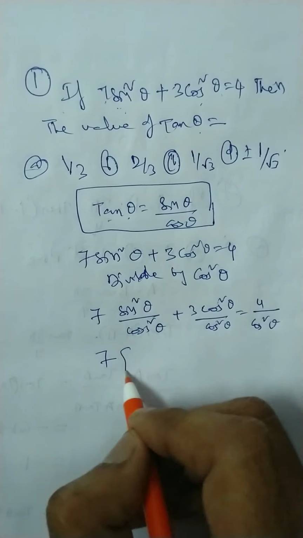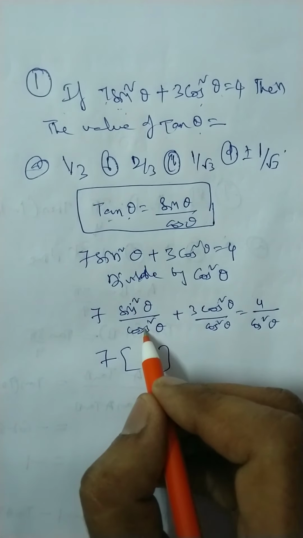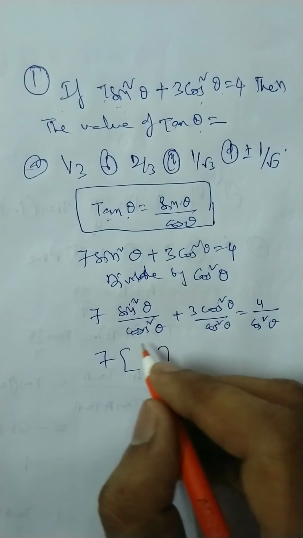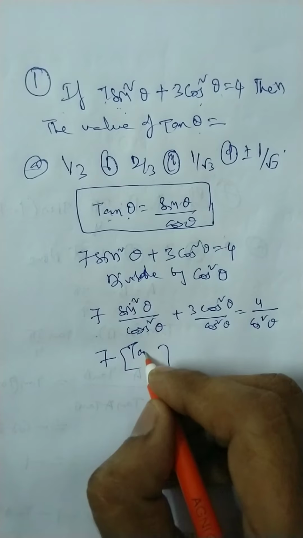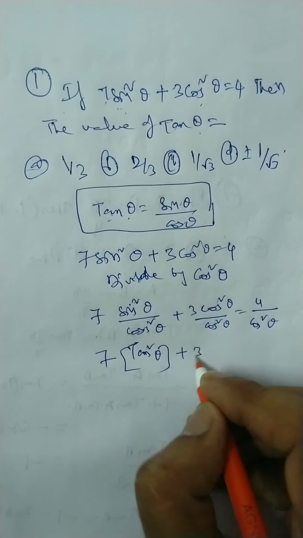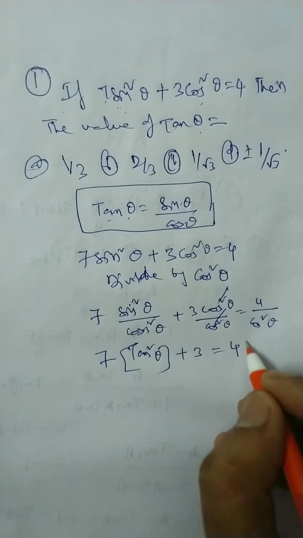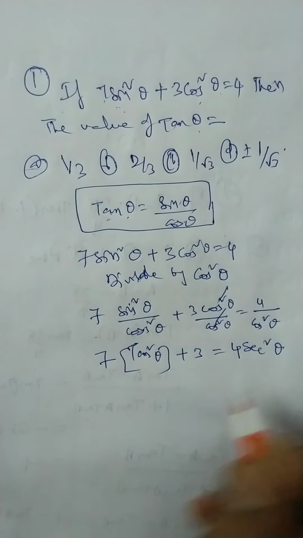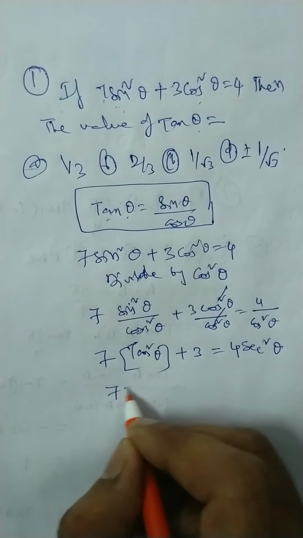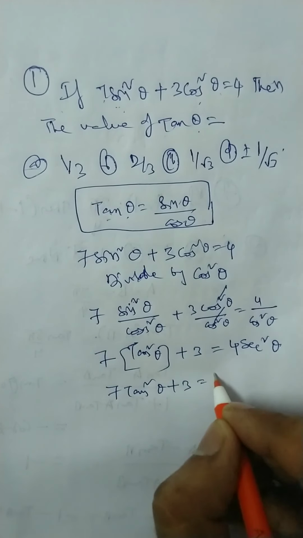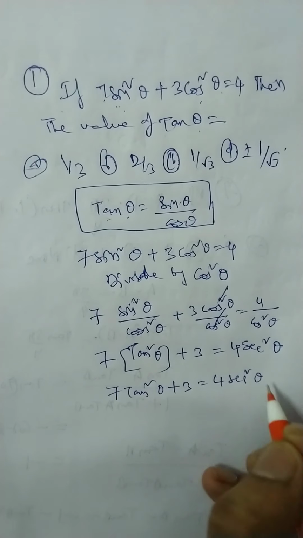As I said, sin theta by cos theta is tan theta, so this will become 7 tan square theta plus 3, cos square theta cancels, is equal to 4. 1 by cos theta is secant theta, so taken to the numerator we get 4 secant square theta. So 7 tan square theta plus 3 is equal to 4 secant square theta.